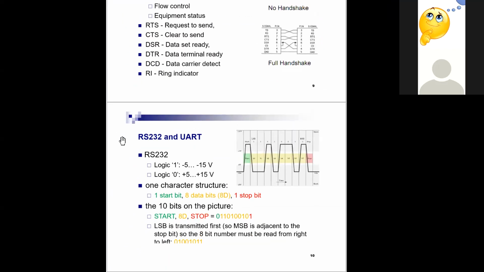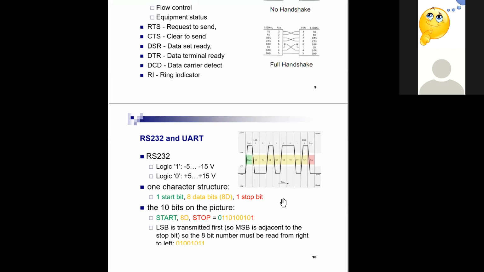In UART, we say logic 1 is plus 5 volt and logic 0 is 0 volt. In between, the voltage margin is very low. That's why in RS232 there is a wide voltage difference between logic 1 and logic 0.